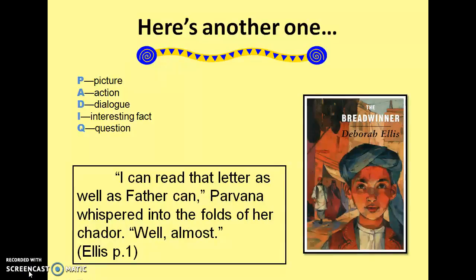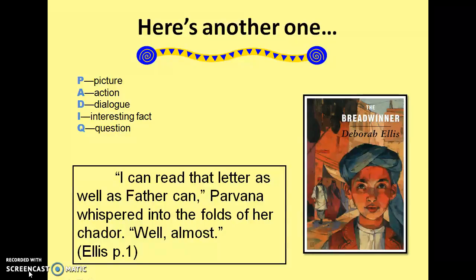Here's another one. This is from The Breadwinner. "I can read that letter as well as Father can," Parvana whispered into the folds of her chador. "Well, almost." This one is sort of a combination again.